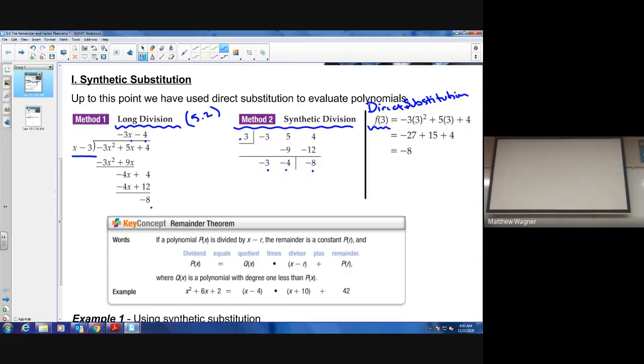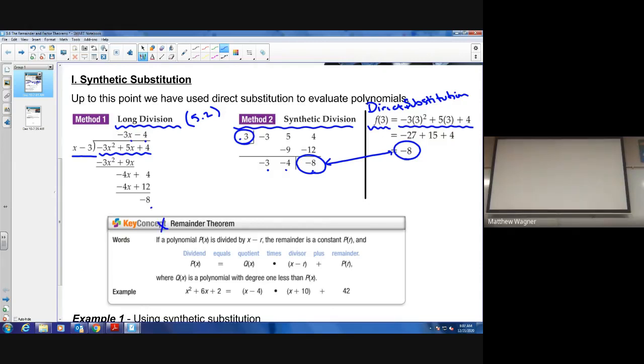Notice our function in this case is exactly what we're dividing by: 3x squared plus 5x plus 4. When I plug in a 3 directly, look at your answer. It's -8. When I plug in 3 to synthetic substitution, I also get -8. Huh. Coincidence? I think not.